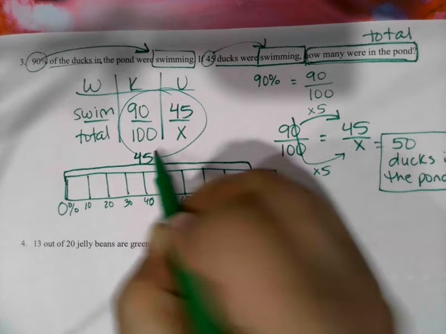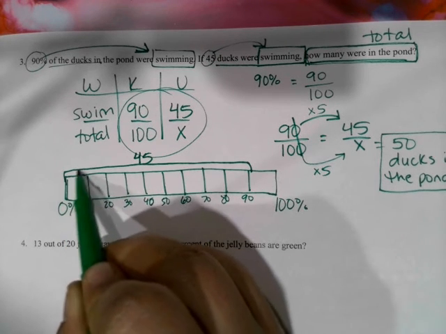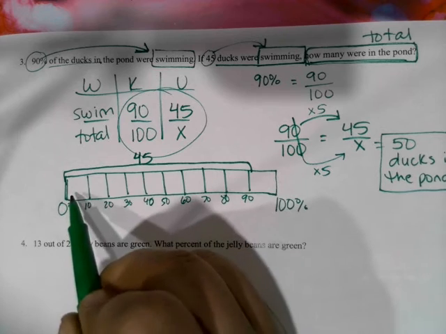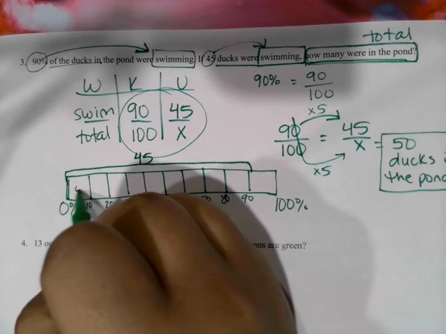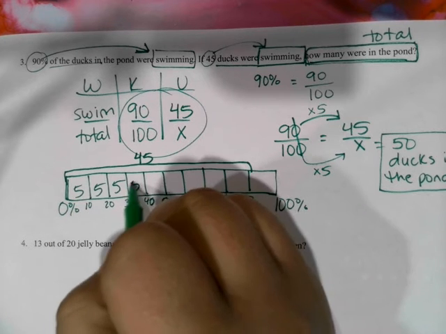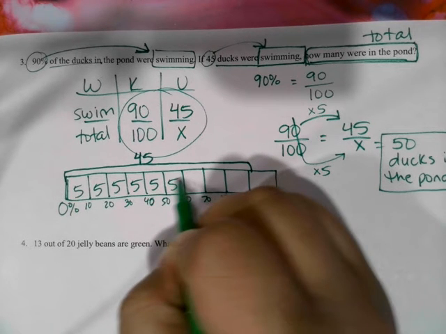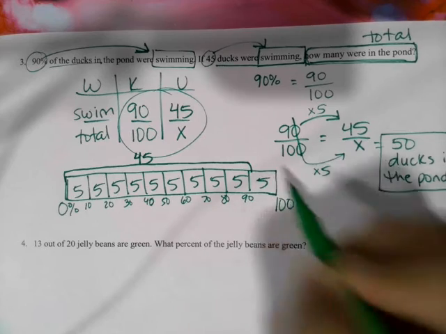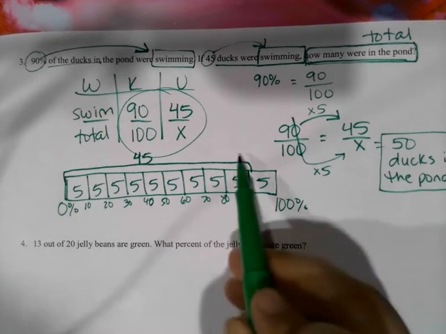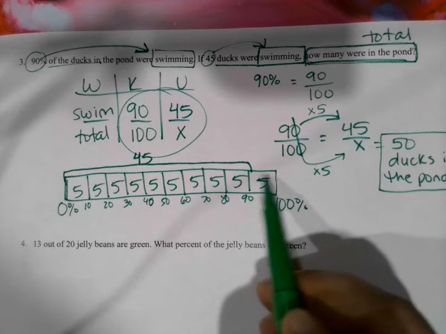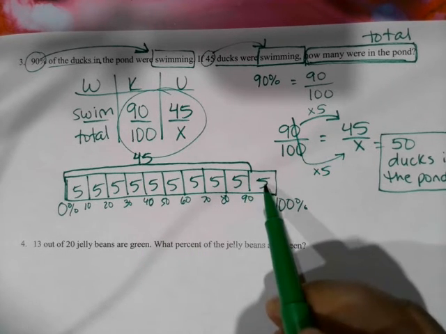So to know how many go in each of these sections, 45 takes up 9 of those sections. 45 divided by 9 gets me 5. So if we want to know how many were in the pond altogether, if we know this is 45 and then we have one more section we need to add to it, 45 plus 5 makes 50.